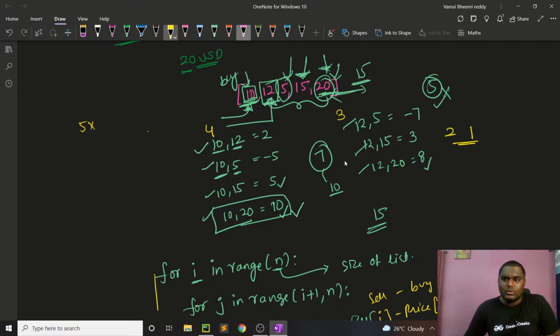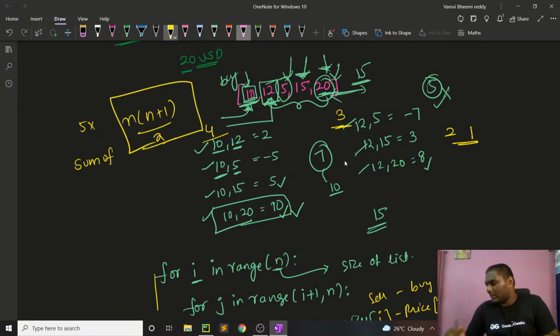So at max we are iterating for a sum of n into n plus 1 by 2.